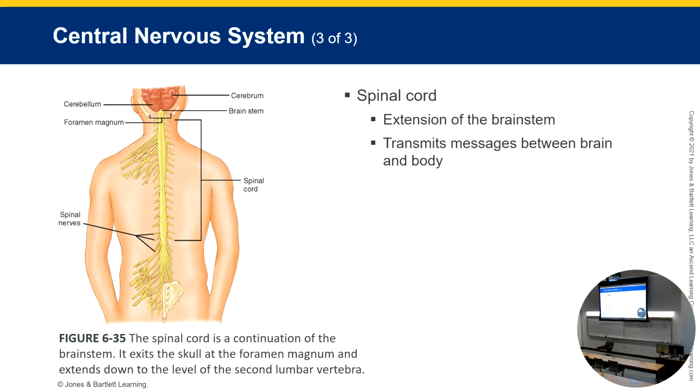So inside of that vertebral column that we talked about earlier, you have this, okay? This is the actual spinal cord, if you will. It's the extension of the brain, transmits messages between the brain and the body, okay? So you have constant messages going to and from that brain. You have sensory nerves and motor nerves.